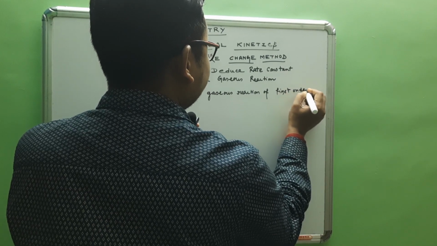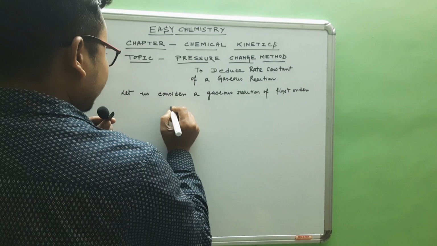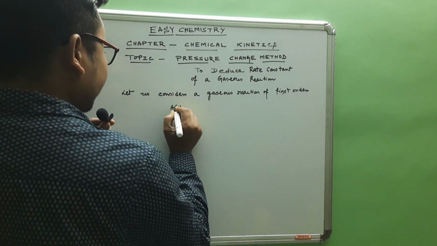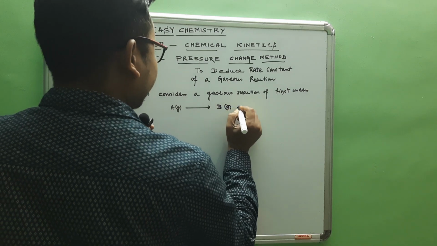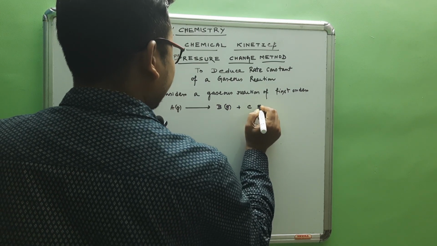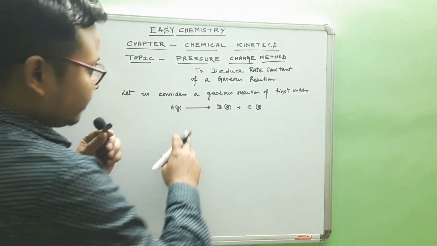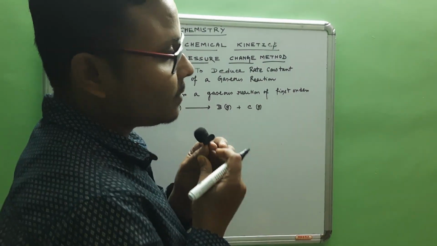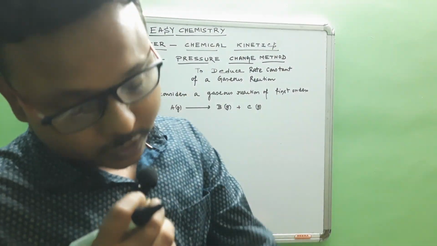So we assume the gaseous reaction is of first order reaction. So A goes to B plus C. So the reactant is A, and from A two products are being formed, that is B and C, and all the reactants and the products are in gaseous phase.